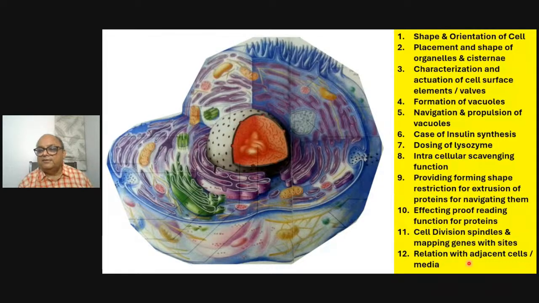So relation with the adjacent cell, relation with the adjacent media outside the cell is also controlled, operated, actuated, sensed through the cytoskeleton. How do you like it? So in short, practically all the intelligent aspects of intracellular functionality have one agent which is executing them, that is the cytoskeleton.